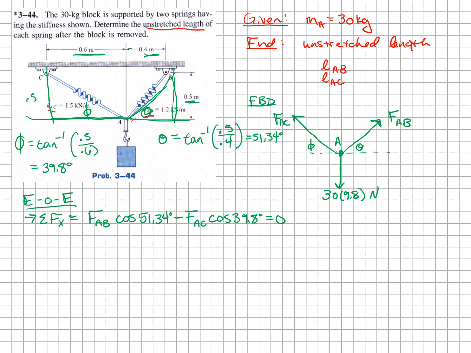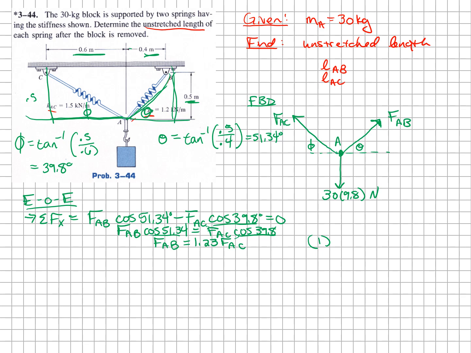Then I can move this component over to the right, so I have FAC cosine of 39.8, and these are scalar. Multiply that out, I get FAB is equal to 1.23 FAC. I'm going to call that my equation 1.